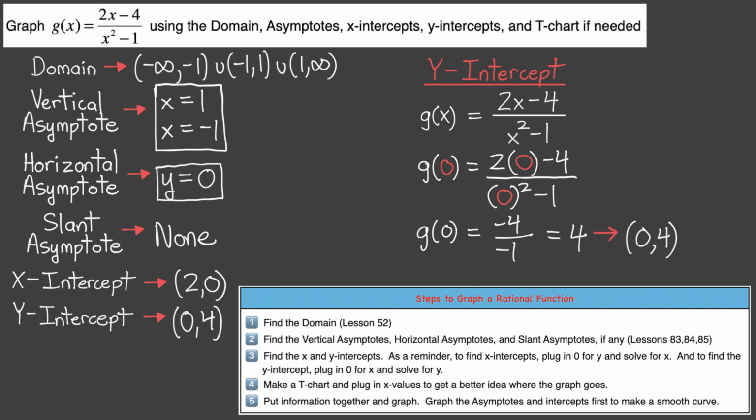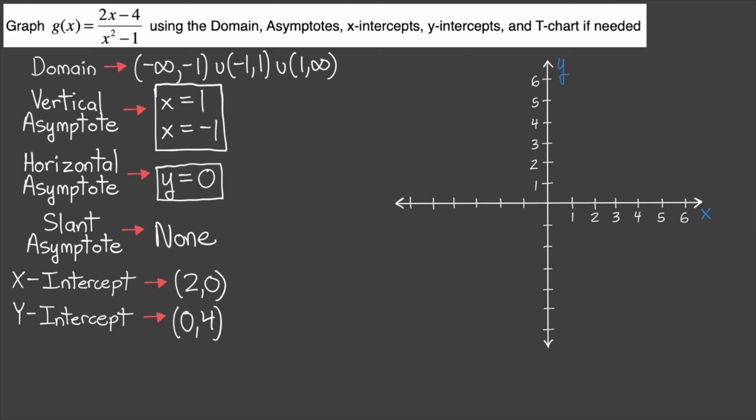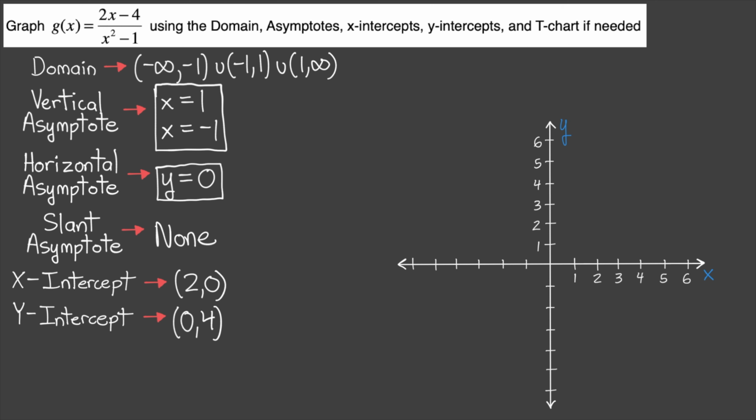So let's go ahead and erase this along with our chart here. So I'm going to bring up our graph. Let's go ahead and start graphing our asymptotes and our intercepts. So our vertical asymptote is x equals 1 and negative 1. So we're going to go through 1 here and negative 1 and draw our vertical asymptotes.